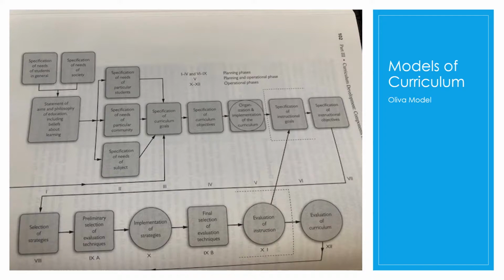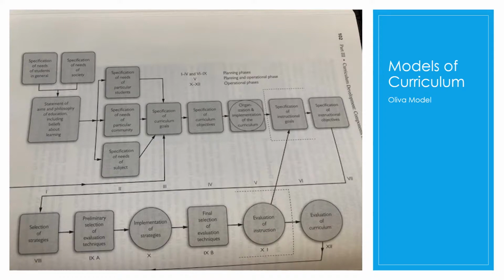Component 2 analyzes the needs of the community in which the school is located, the needs of the students, and the subject matter needed to be taught. Components 3 and 4 specify curricular goals and objectives based on those goals, beliefs, and the needs that are in components 1 and 2. Component 5 helps to organize and implement.